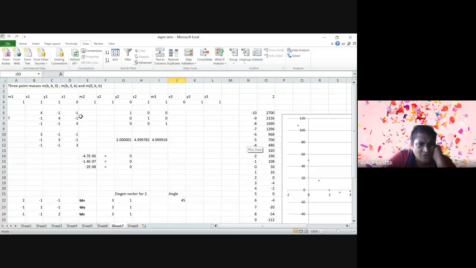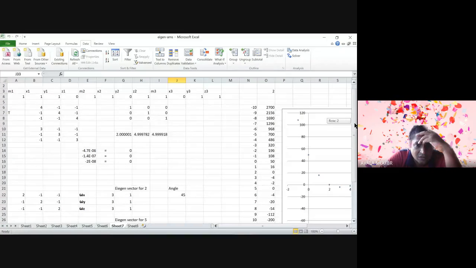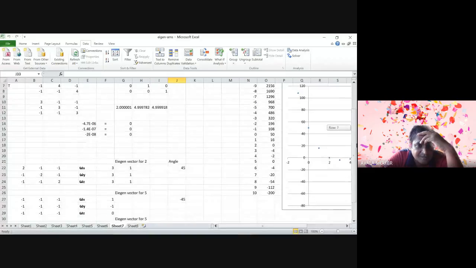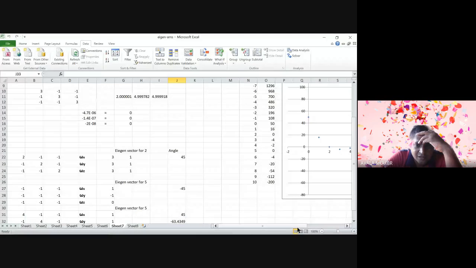So we can calculate these values using the same formula, but here we'll have m1, m2, m3. Substitute the coordinates, and then calculate the eigenvalues. Now the eigenvalues which we get here are 2 and 5.